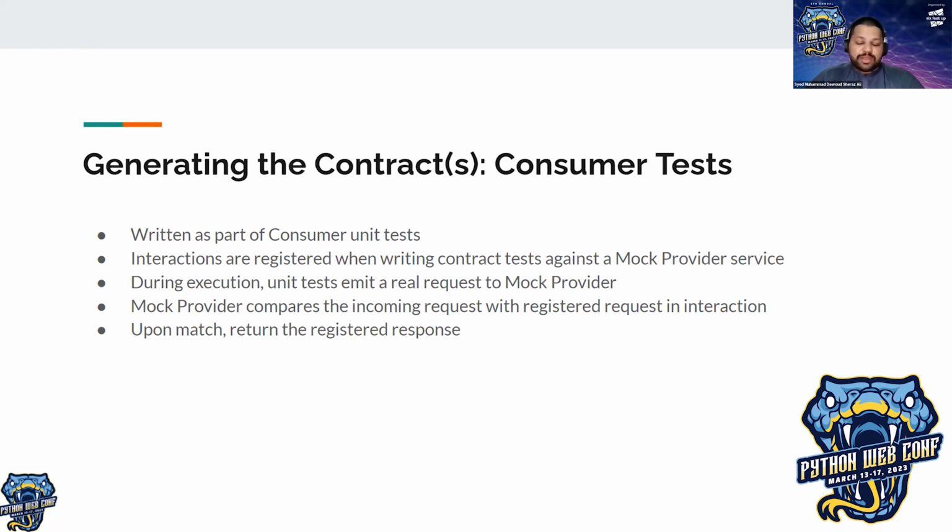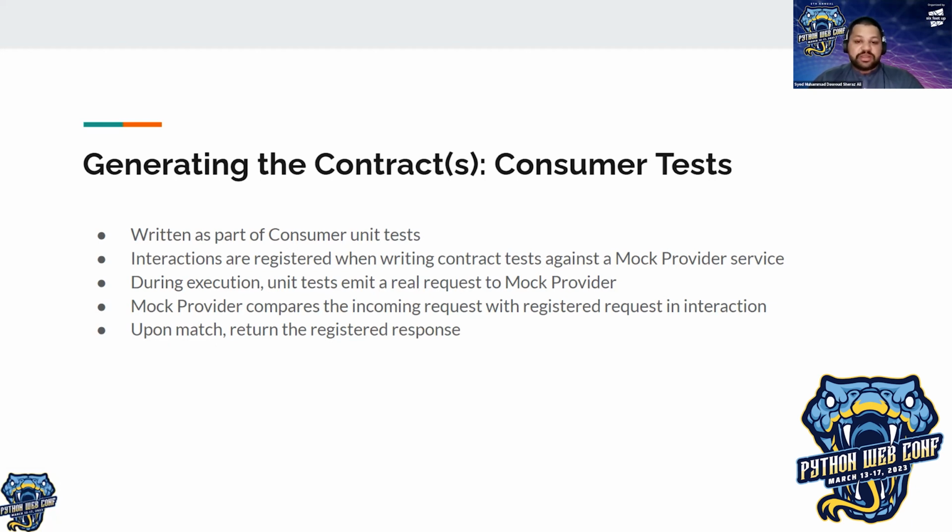In Python, if we are mocking the request via responses or mock.patch, here we are doing essentially the same, but with a different mechanism. We are registering those mocks in the form of interactions. When the unit test is run, we make a real request to that mock service. The mock service will return our predefined response, and then we do our regular processing on that returned response and see how our unit test behaves.